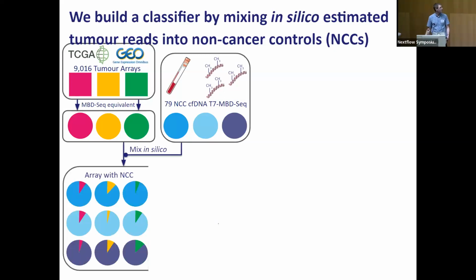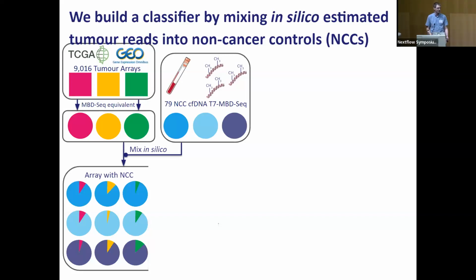Because I'm not interested in applying this to tumor samples, I'm interested in applying this to cfDNA samples from patients, which might have 1% of their cfDNA coming from the tumor. So I do a data augmentation strategy, which is mixing, and I mix the array data into cfDNA at small amounts, so 1%, 2%, 5%, to make these synthetic mixtures.